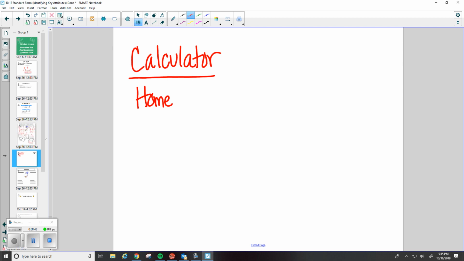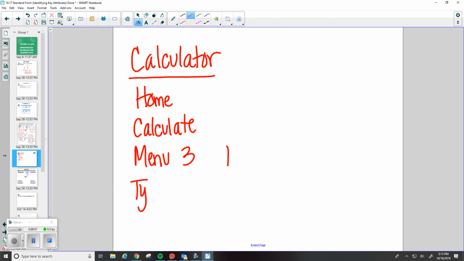Okay, so we're at the home screen, and then you're going to go ahead and hit calculate. And then once you're in calculate, you're going to hit menu 3 and then 1.